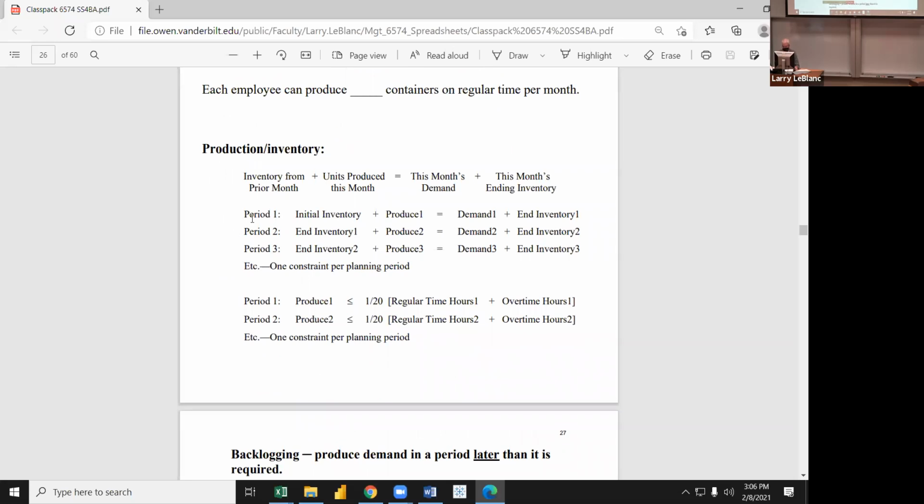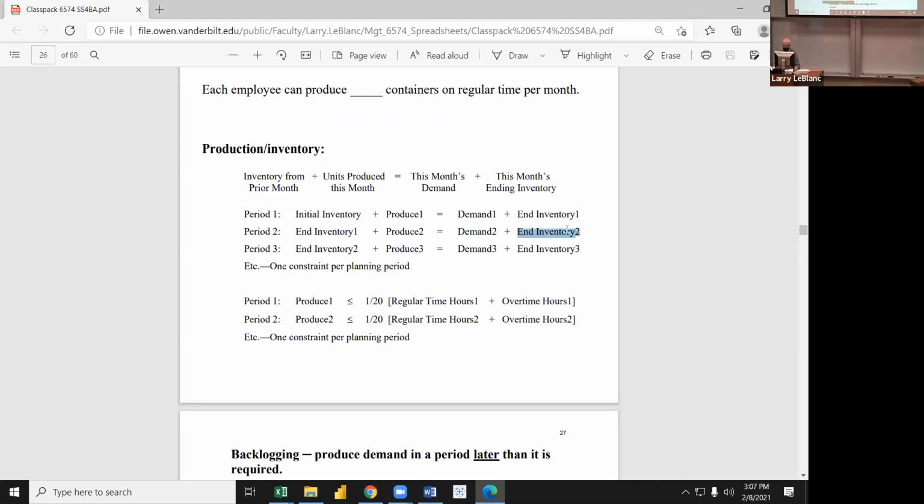Let's skim this. We'll need to do this in Excel. Time period one in the horizon. Initial inventory plus what we produce must equal demand during the first period plus the ending inventory. Second time period. Entering inventory means inventory at the end of last month plus what we produce in the current month must equal demand in the current month.